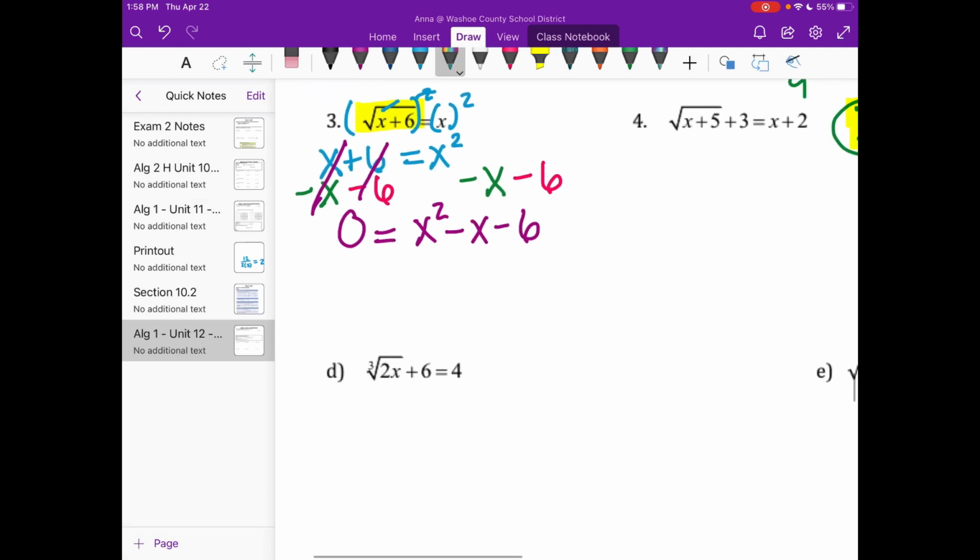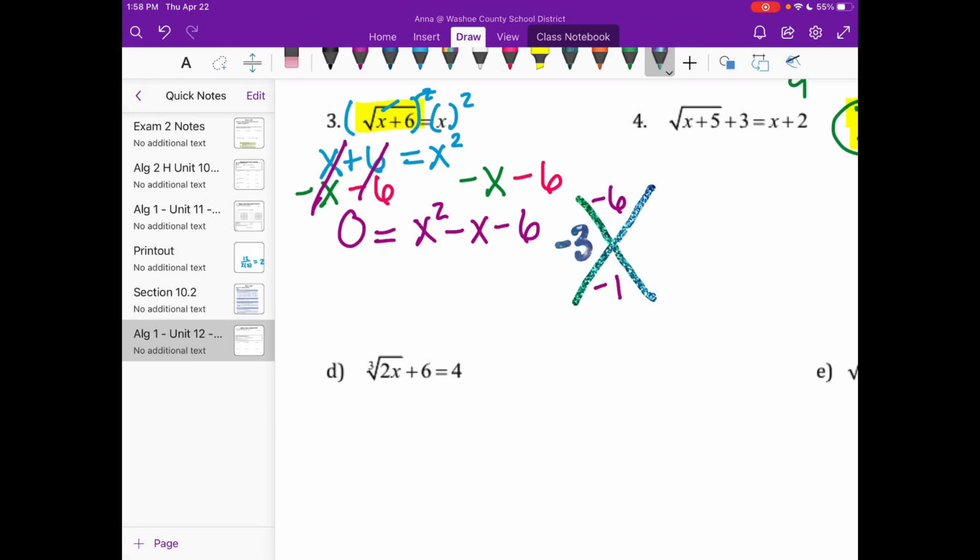Again, we're not super fans of the quadratic formula, so why don't we go ahead and try to factor with our x factor. So let's do -6 on top, -1 on the bottom. Do I have two things that multiply to make -6 and add to make -1?